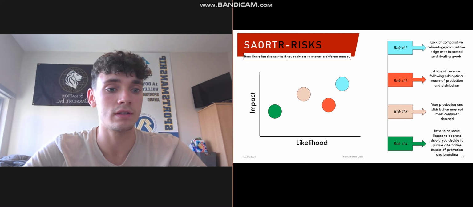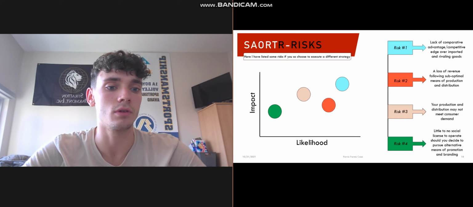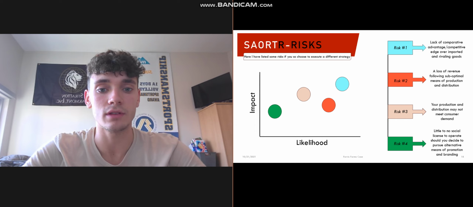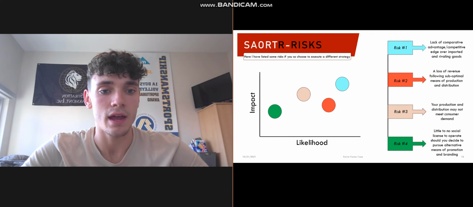Risk 4 is that little to no social license to operate should you decide to pursue alternative means of production or promotion and branding. As you can see, I have listed their impact using the y-axis and their likelihood using the x. As you can see, risk number 1 has the most impact and likelihood.